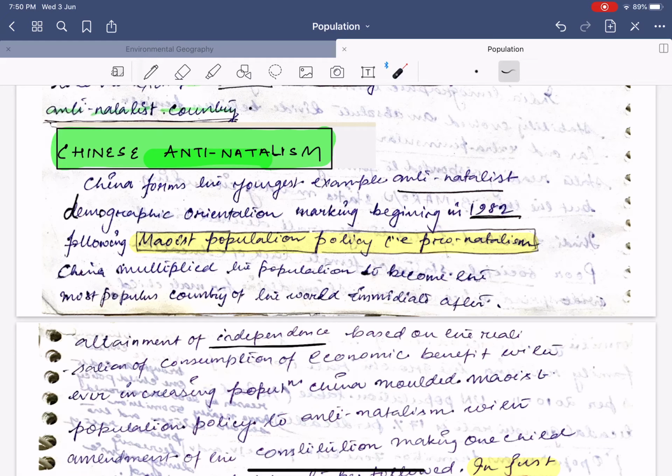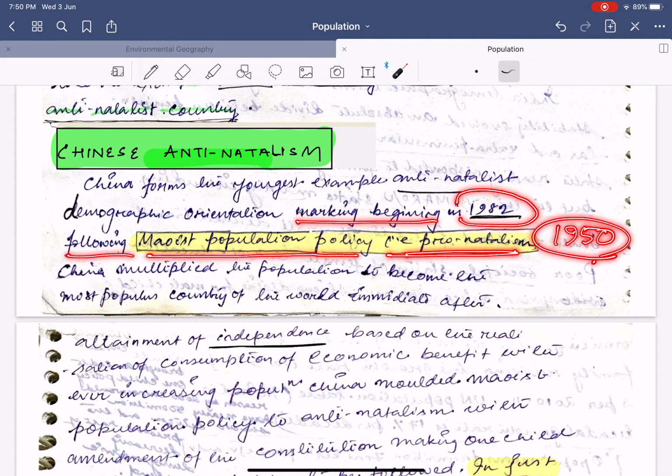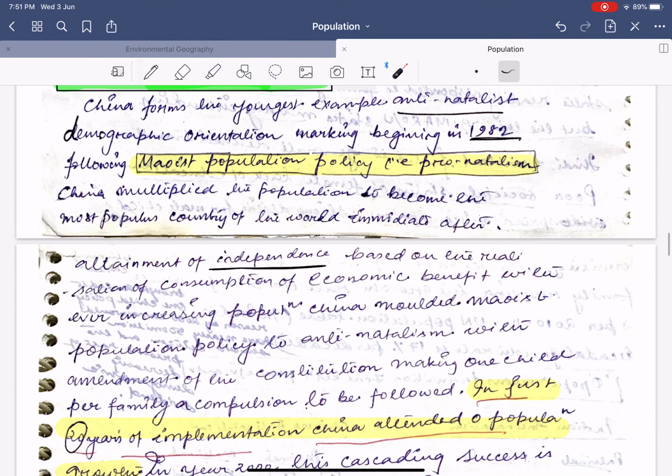Now let us analyze this entire note. China forms the youngest example of an anti-natalist demographic orientation, marking its beginning from 1982. Following the Maoist population policy, that is pro-natalism, which China started in 1950, China multiplied its population to become the most populous country in the world immediately after the attainment of independence.